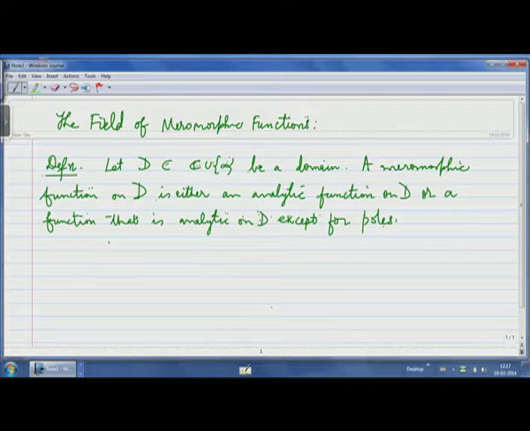So a meromorphic function by definition is a function that could be defined on D or D minus points, where those points will be of course isolated singularities, and in fact they have to be poles. This is the definition. So we often use the short phrase "analytic except for poles." That is what meromorphic means.